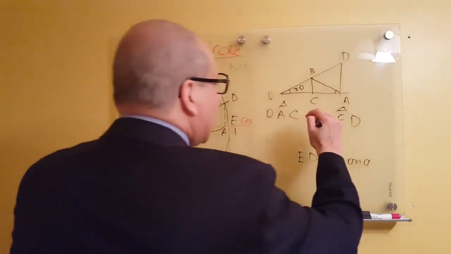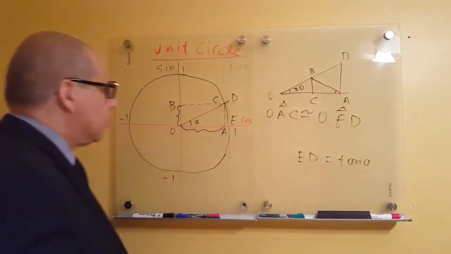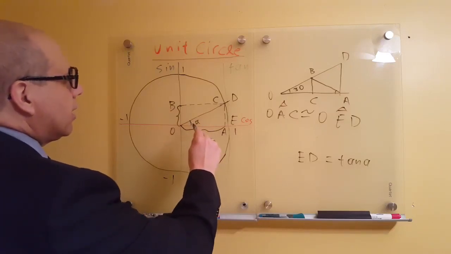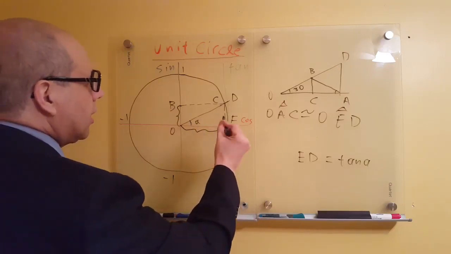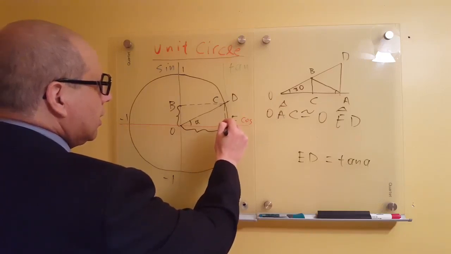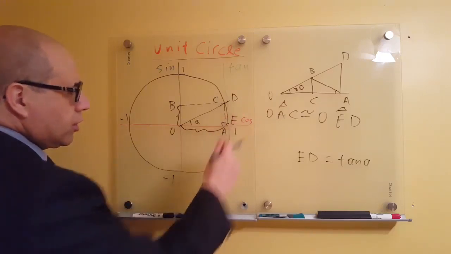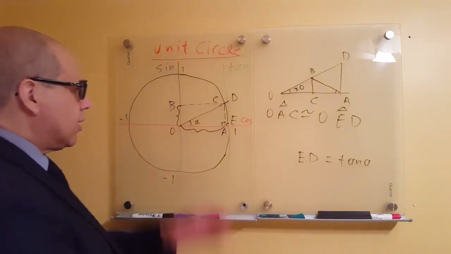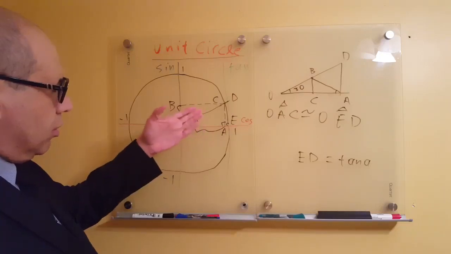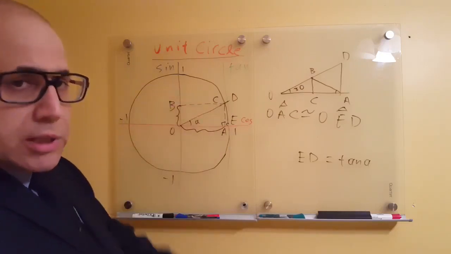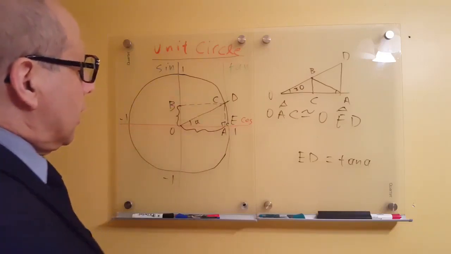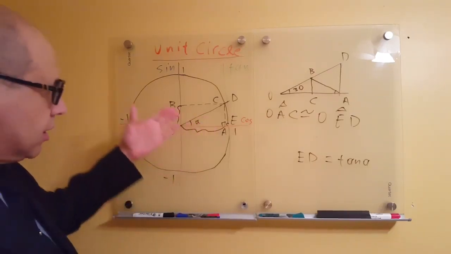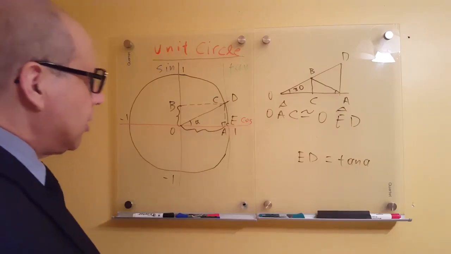These triangles are similar. Why are they similar? Because they have this angle A in common, and this angle here and this here are of course equal to 90 degrees. Since they have two angles equal, it means that the two triangles are similar.